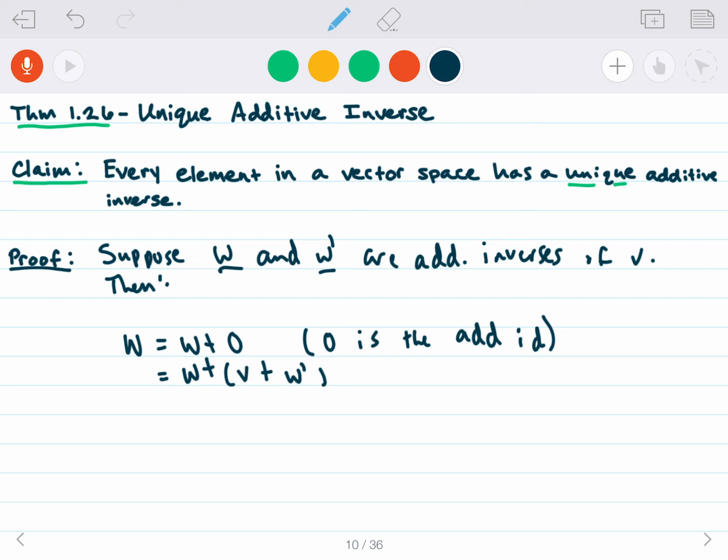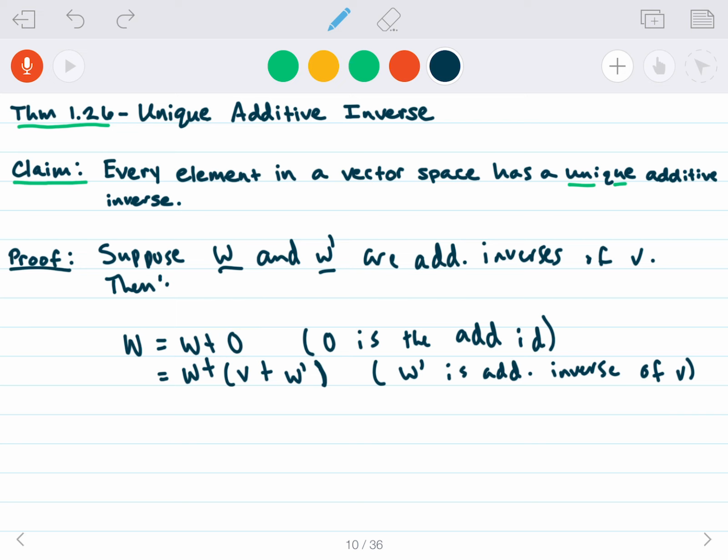And why is 0 equal to V plus W prime? Well, we said that W prime is the additive inverse for V. That's why we could go from step 1 to step 2.